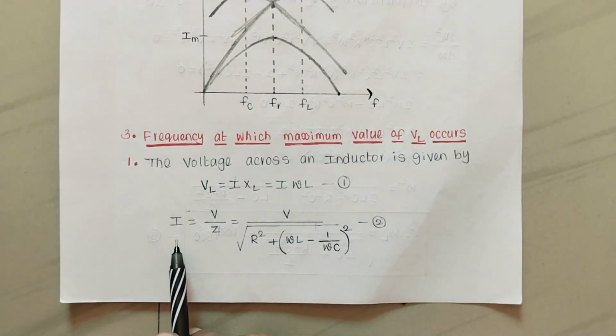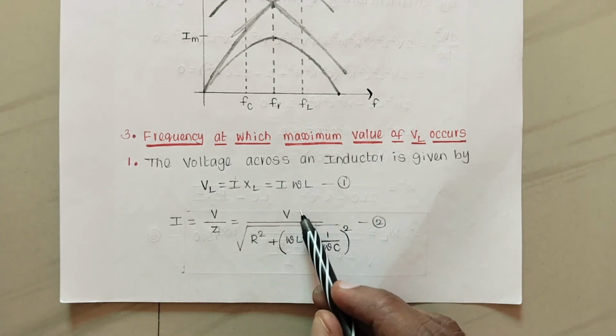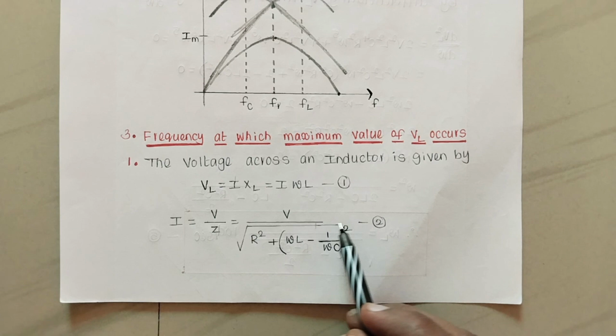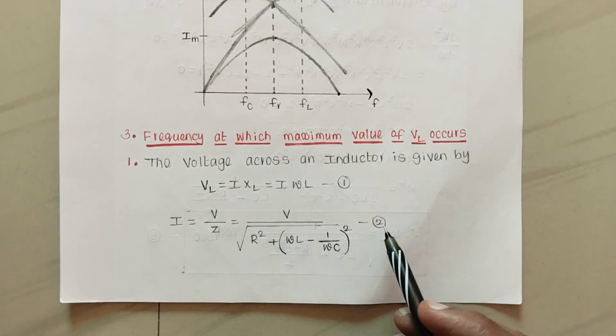Current in the circuit is equal to voltage by impedance offered by the circuit, V by Z, which equals V by the magnitude of the impedance, root of R square plus omega L minus 1 by omega C whole square.